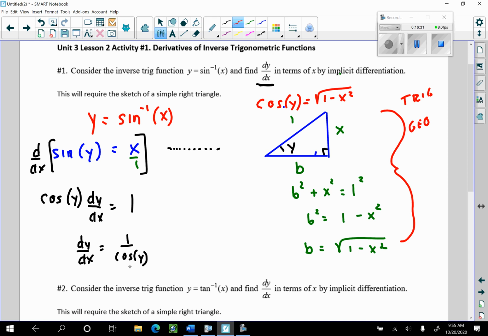So this is going to be 1 over the square root of 1 minus x squared. And that's what dy dx is. If I have an inverse trig function, the derivative comes out to be algebraic.